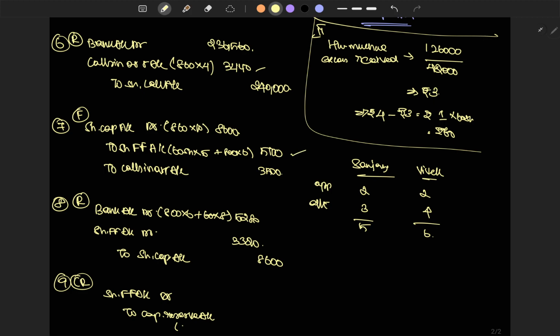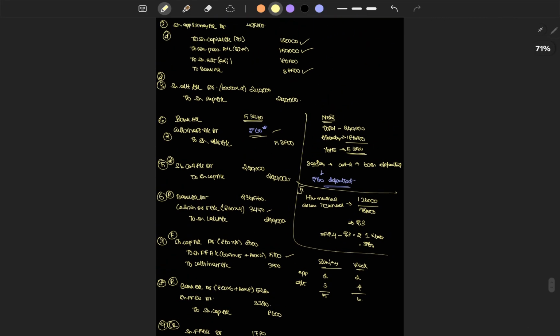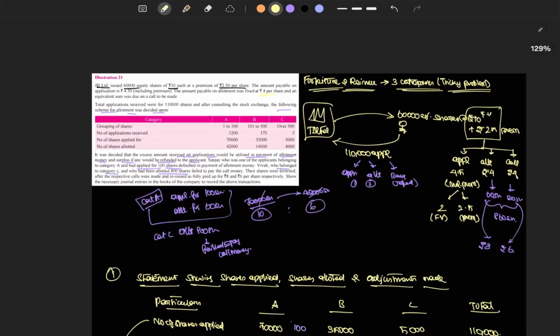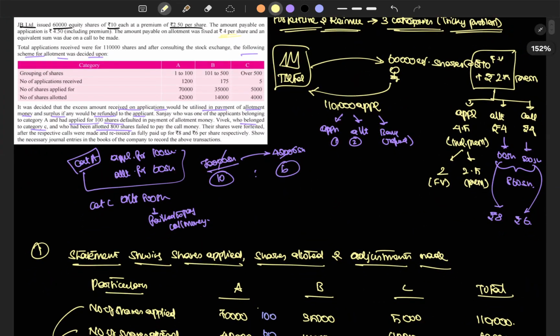Initially we transferred 5,100 to share forfeiture account, and then we used 3,320 for the losses made by reissuing. The balance amount, 1,780, is the amount we have to transfer to capital reserve. Okay, so this is the entire problem we made, and I hope you guys have understood.